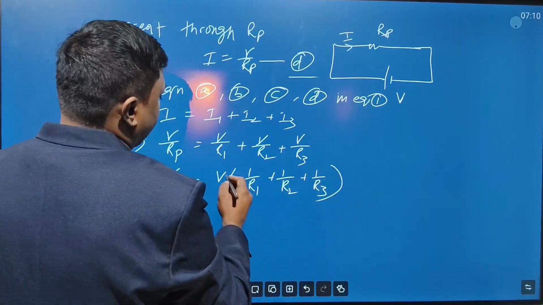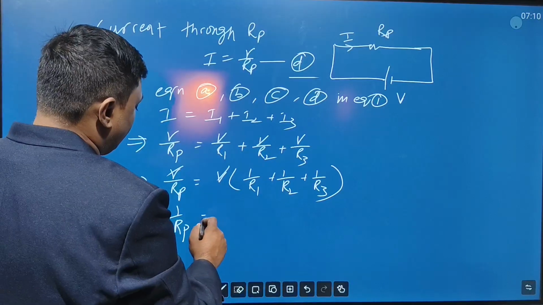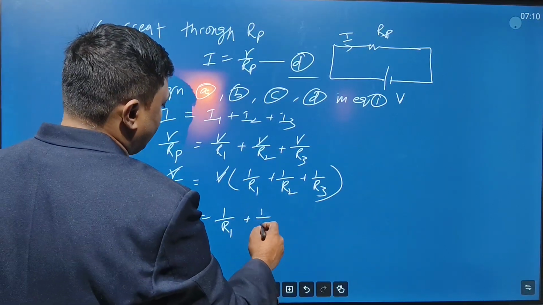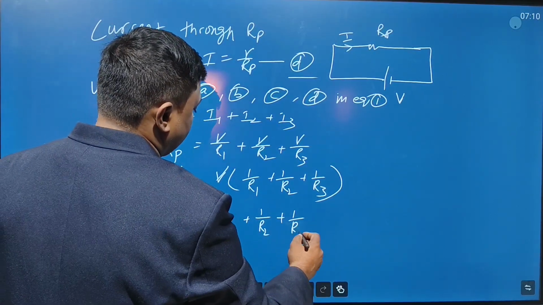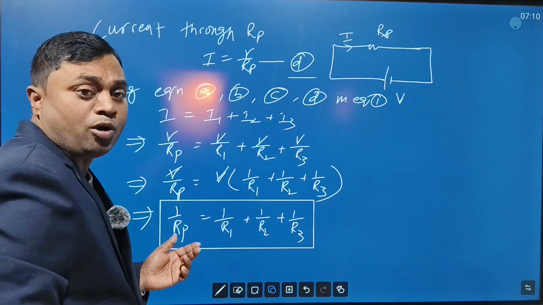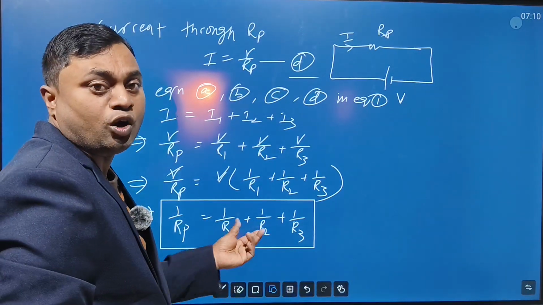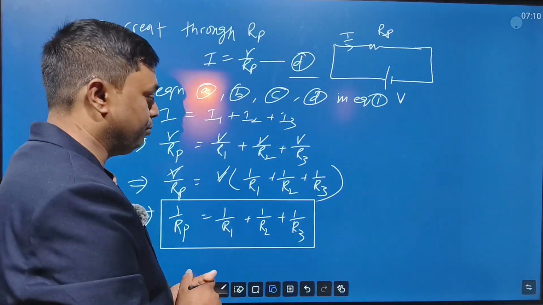Now we can cancel V. So 1 by RP is equal to 1 by R1 plus 1 by R2 plus 1 by R3. Is it clear? So the reciprocal of the equivalent resistance is equal to the sum of the reciprocals of the individual resistances in a parallel combination.